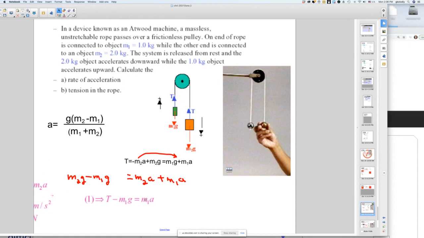So you can factor out an A here. A times M2 plus M1, or M1 plus M2. And here you factor out a G on the left side of M2 minus M1.